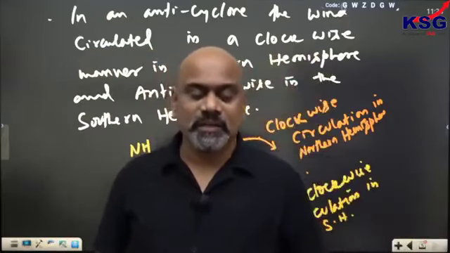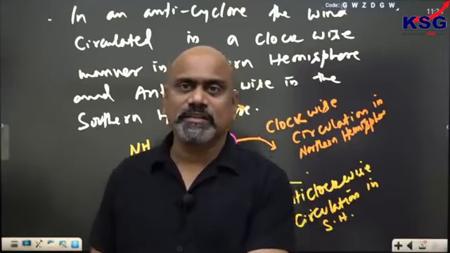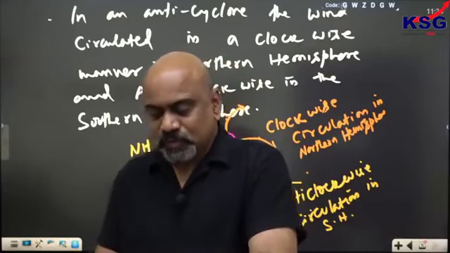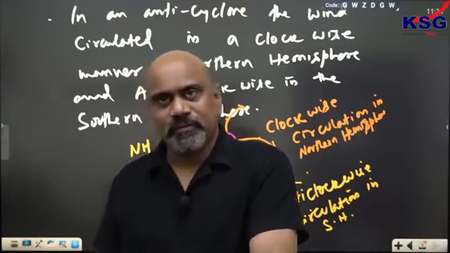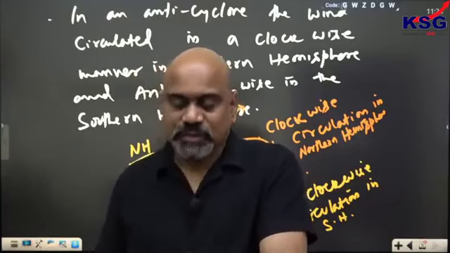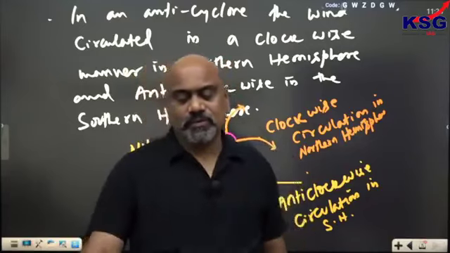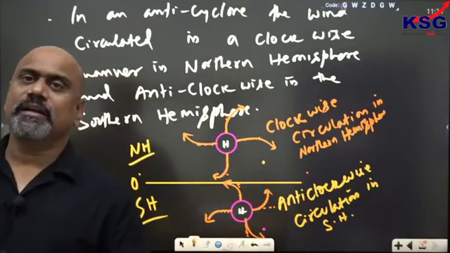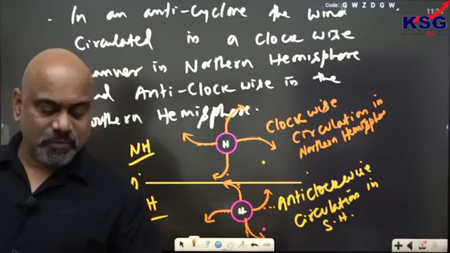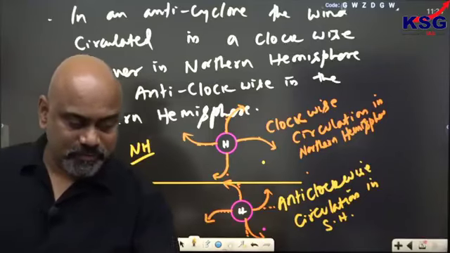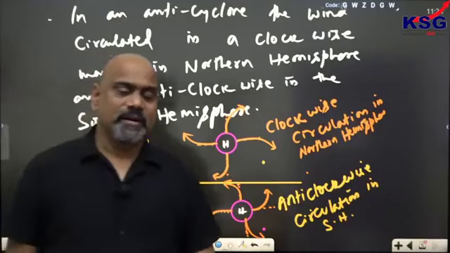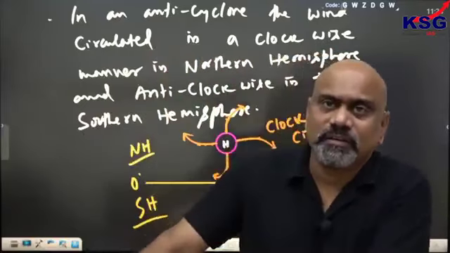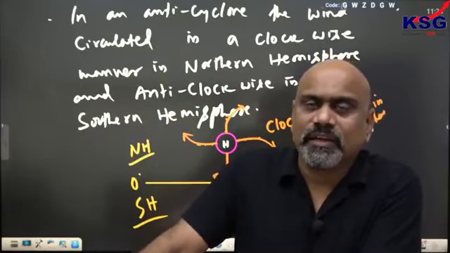Weather condition during an anticyclonic condition is completely different. Okay. So, precipitation, there will be no rainfall. Clouds are absent. So, anticyclonic condition is more favorable for the development of deserts. देसर्ट की development में ये favorable condition देता है anticyclone.